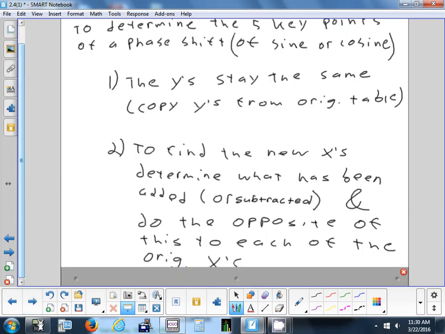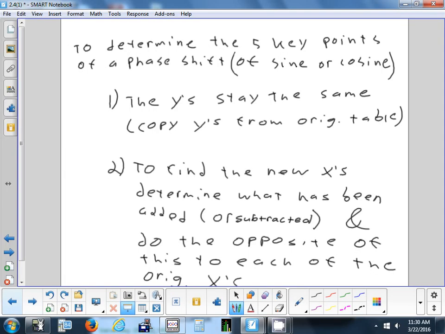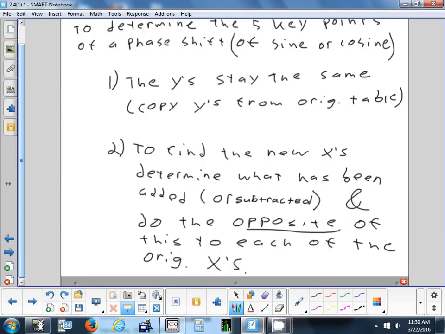All right, so how do we get the new x's? Well, look at what's been added or subtracted. In the example we're about to do, I'm subtracting pi over 2. So we look at what's been added or subtracted, which in that example was minus pi over 2, and we have to do the opposite. Why do we have to do the opposite? That's just the way phase shift works.